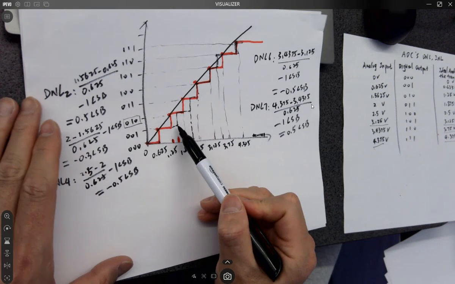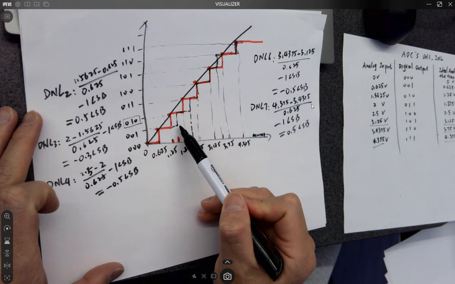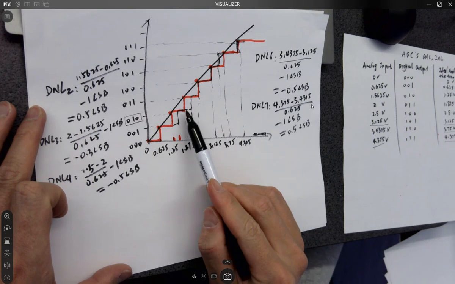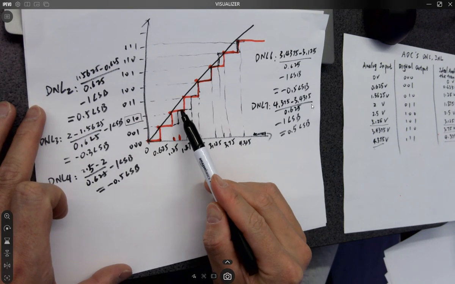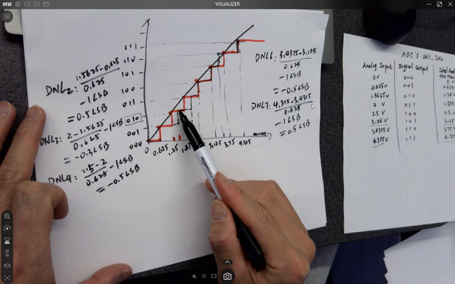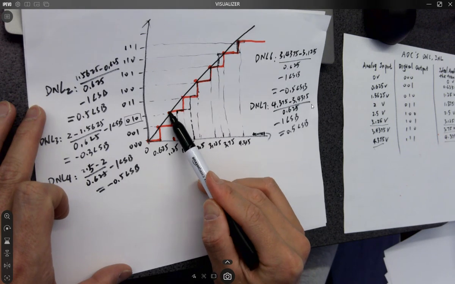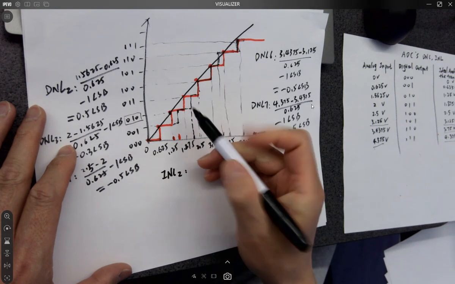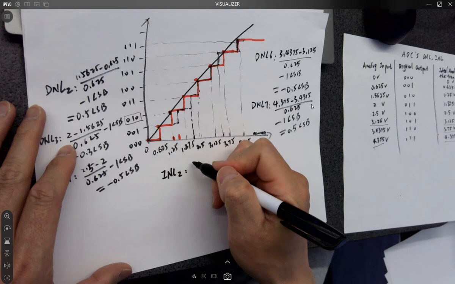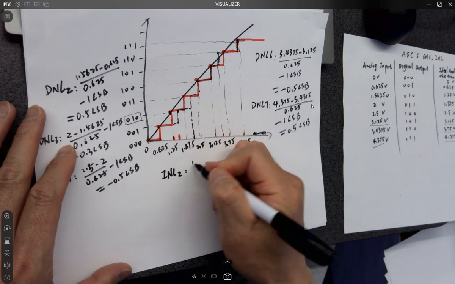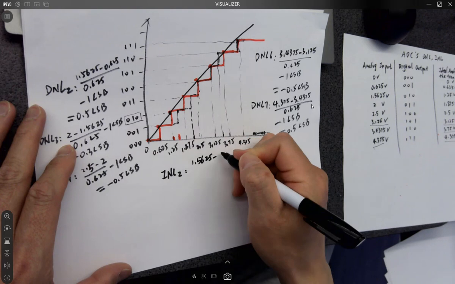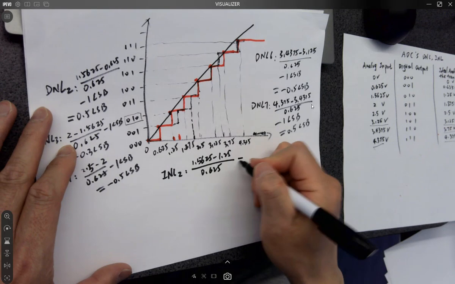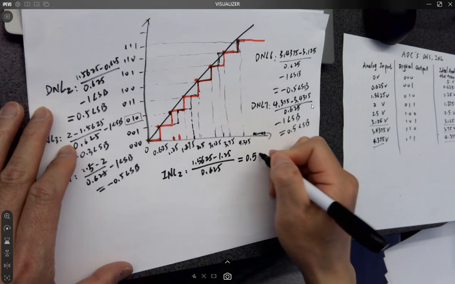So first, INL2. It's this one minus 1.25. So it's 1.5625 minus 1.25, divided by 0.625, which is 0.5 LSB.